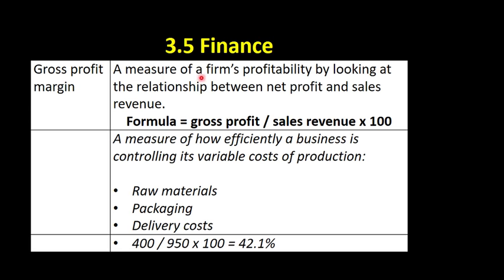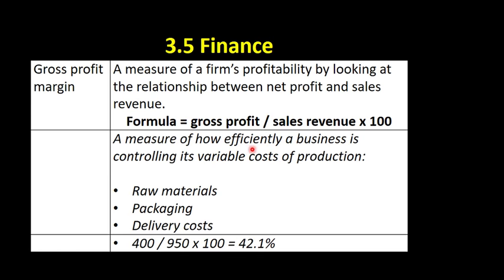Because these profitability calculations look at the efficiency at which an organisation is controlling its costs. And if an organisation can control their costs, that's an indication that they are likely to be more profitable in the future. They're going to turn more of that sales revenue that they're generating into profit if an organisation can control its costs well.